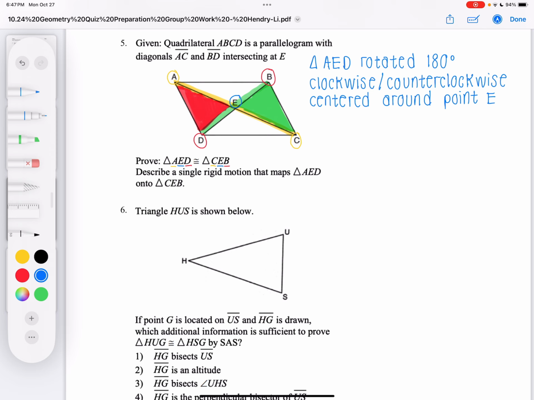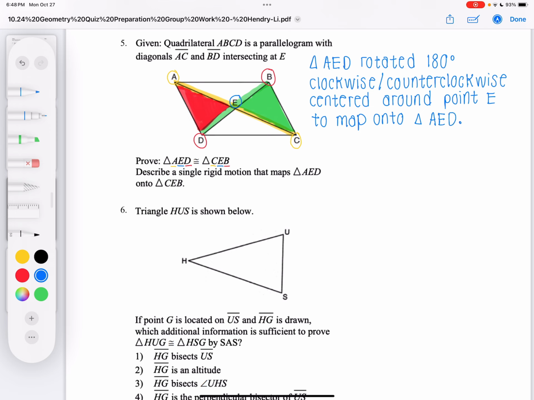So because it's off a grid, we need to describe it using letters and using points that we are given. And we're going to say it rotated 180 degrees clockwise or counterclockwise, centered around point E, to map onto triangle AED.